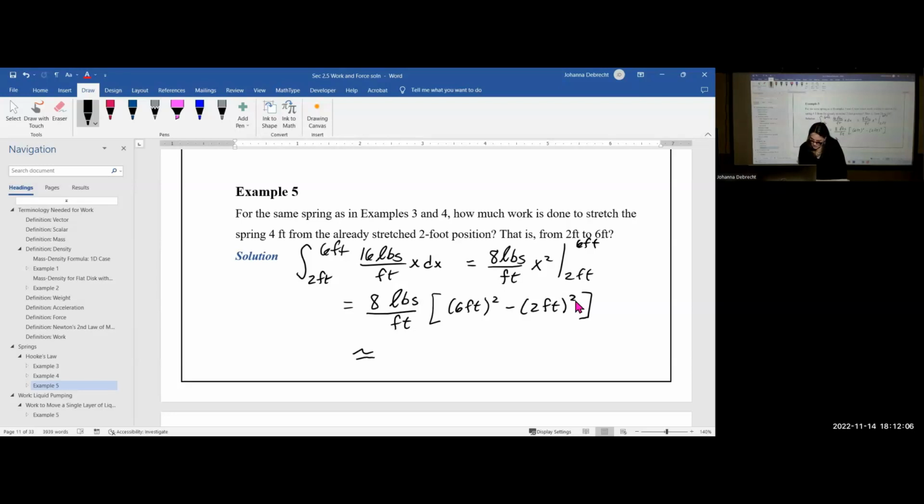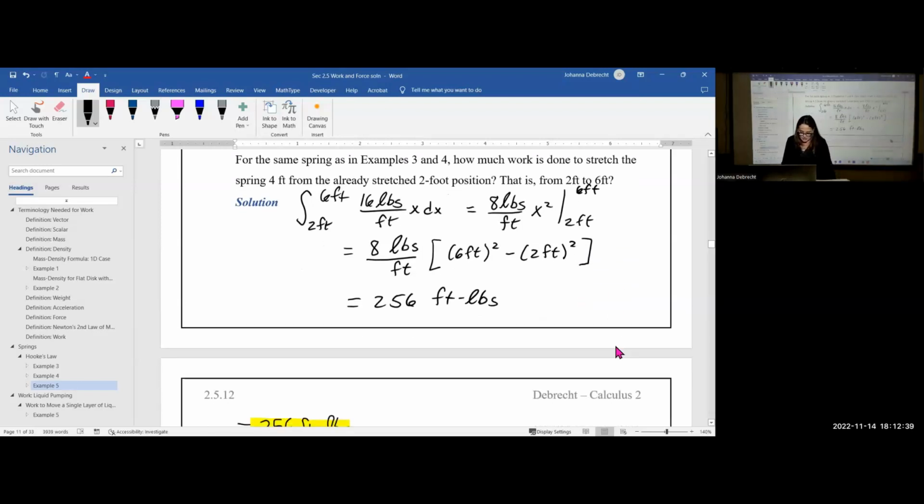It's not approximate either, it's exact. 256 foot-pounds of work done. Now, this is the same distance. I moved it 4 feet, from 2 feet to 6 feet. I moved it from 1 foot to 5 foot. It took 192 foot-pounds. But to move it from 2 feet to 6 feet takes 256. It's already stretched more. It takes more to stretch it even further.